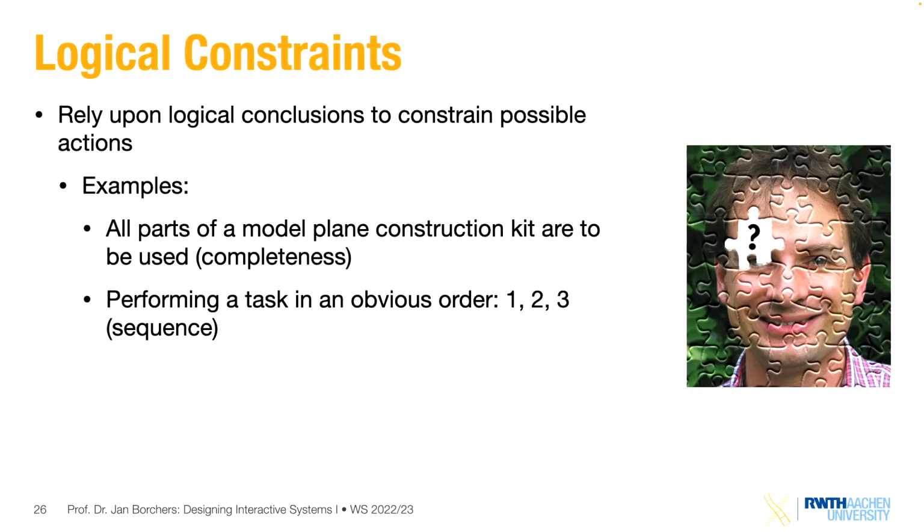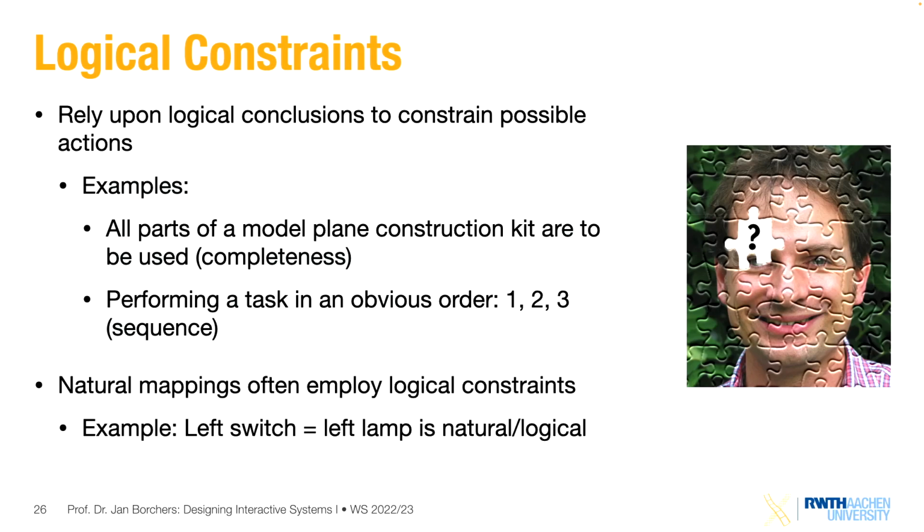In this example here, one puzzle piece missing is also an indicator that something is not right. Oftentimes, and that's where you see all these concepts are not distinct from each other, right? They often influence each other and work with each other. When you use a natural mapping, it often uses a logical constraint.